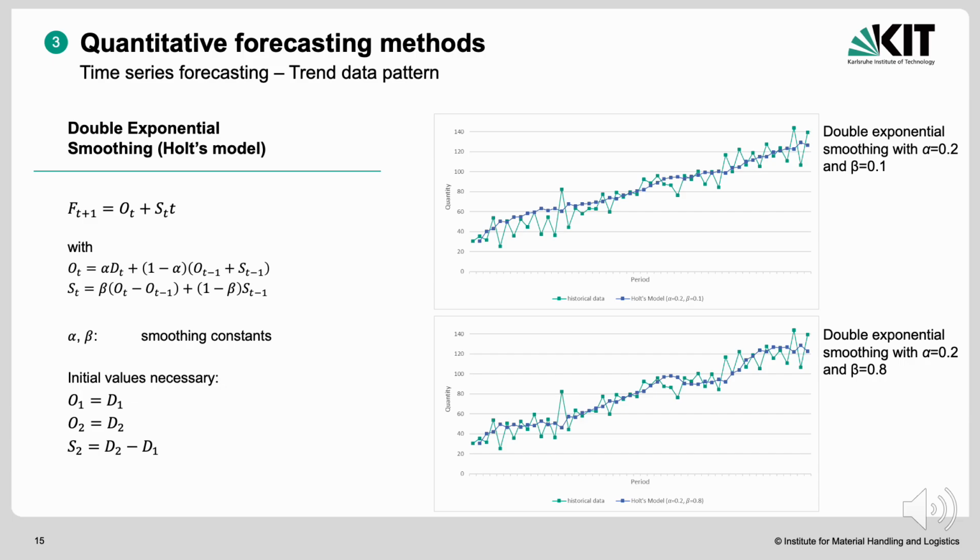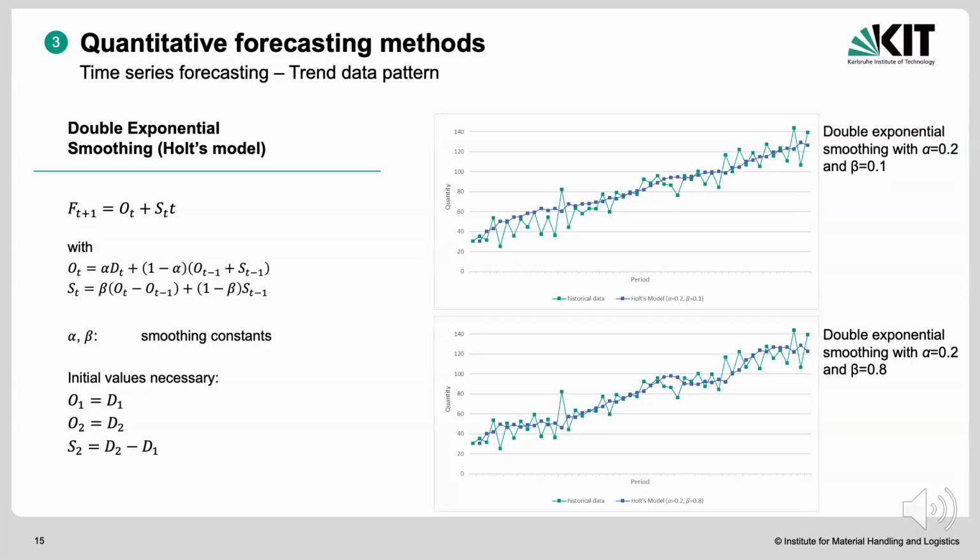And we use exponential smoothing to compute the offset as well as the slope. In this case, we have two smoothing constants, alpha and beta. And of course, we need two initial values.